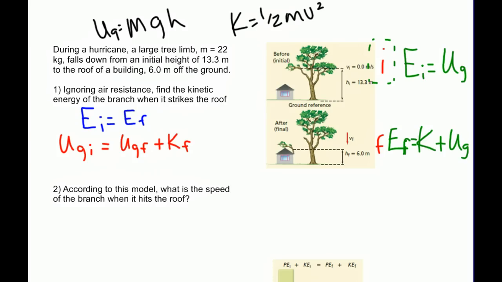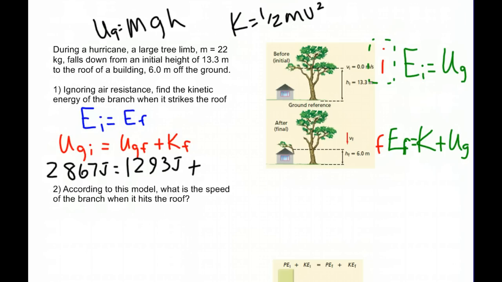So initially I have mgh1, which is 13.3 meters off the ground times 9.8 times 22 kilograms, and that gives me an initial energy of 2,867 joules. In the end, we have the same concept, except now we're only 6 meters off the ground. And so in the end, we have 1,293 joules of potential energy.